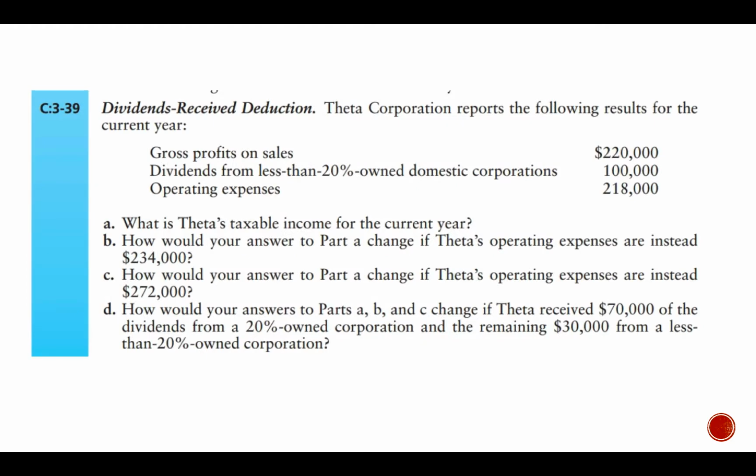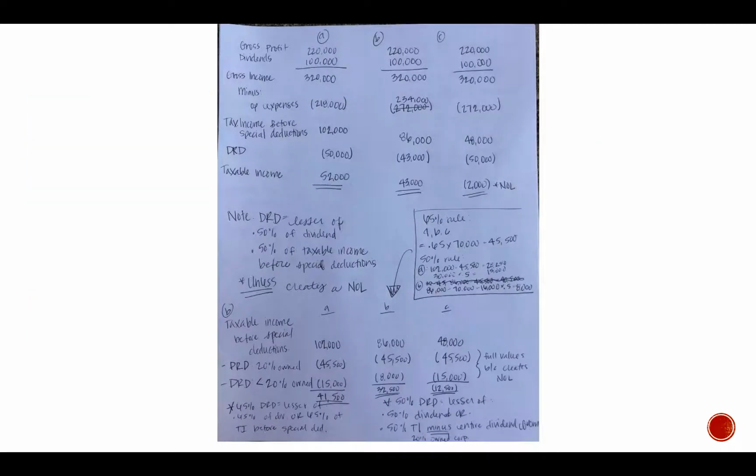Part C now asks how my answer would change if Theta's operating expenses are instead $272,000. So now in Part C, gross profit and dividends still haven't changed, so my gross income is still $320,000. My operating expenses have gone up, making my taxable income before special deductions $48,000.